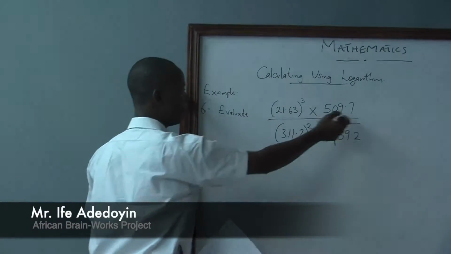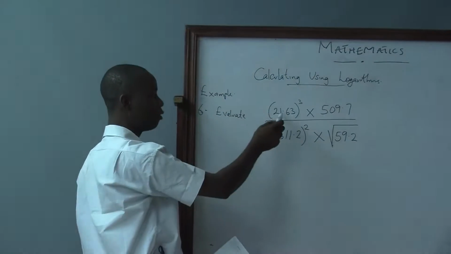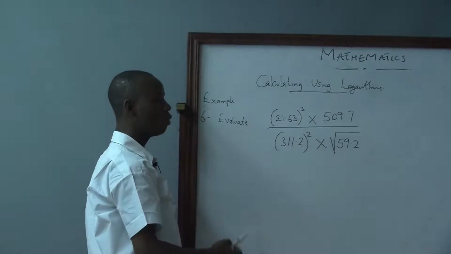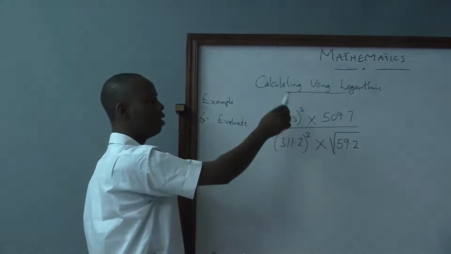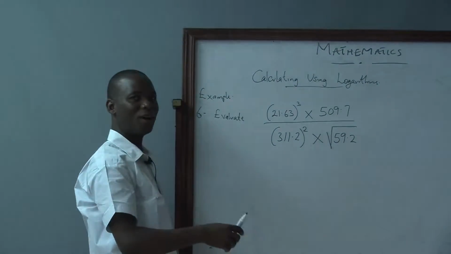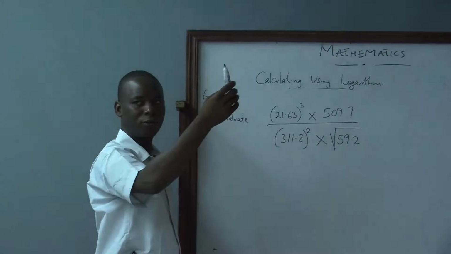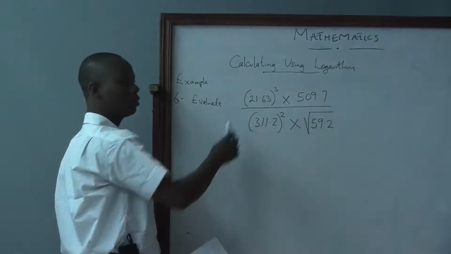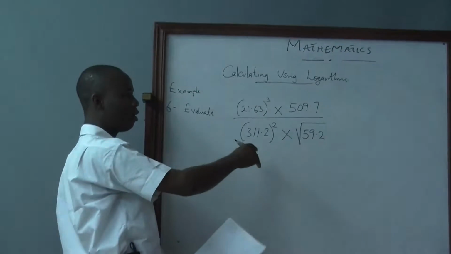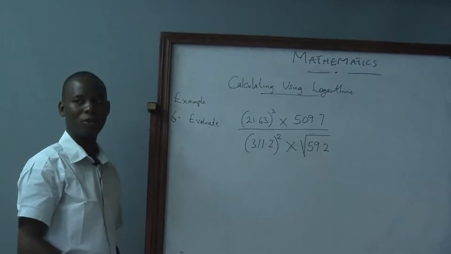We have the numerator. In the numerator, we have the first one raised to the power of 3. So we're going to take this on its own first. We'll find the log and multiply it by 3 to account for raised to the power of 3. Then we add it to the log of this to fulfill this multiplication, and that will give us our numerator.